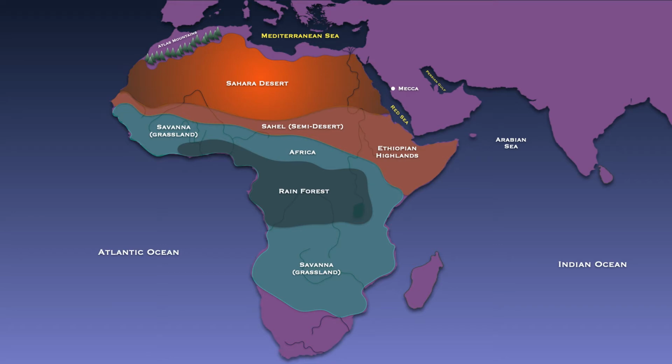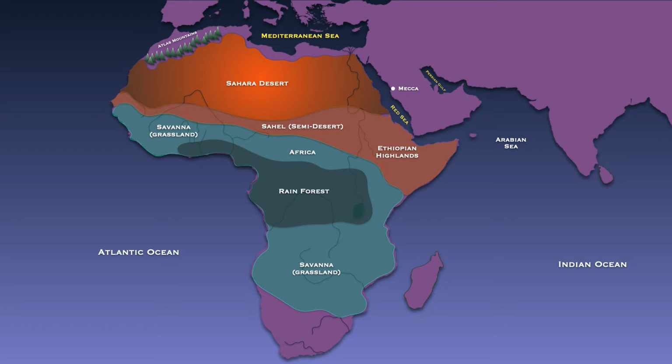Think like the Amazon in South America, but you've got a rainforest here right through the middle of Africa. Now, as you move away from both north and south of the equator, you move into what's called a grassland or a savanna, both north and south of the rainforest.